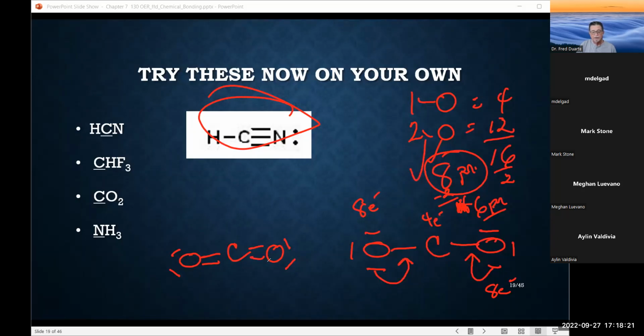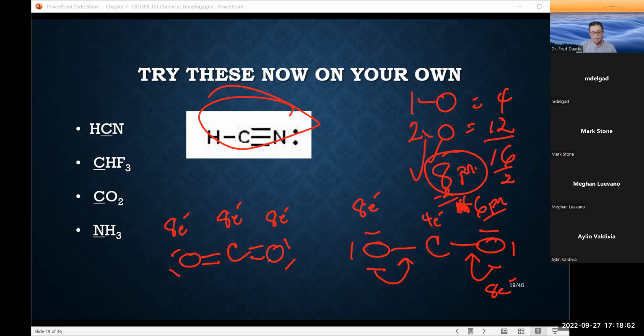Check my octet, oxygen. I got 8 around oxygen. 4 of them are shared with the carbon as a double bond, and 4 of them are a lone pair, not bonded. And the same is true with the other oxygen. 4 of them are bonded to the carbon and 4 of them are not. And then the carbon itself also has 8. 4 bonded and shared with the oxygen on the right, and 4 are paired with the oxygen on the left.